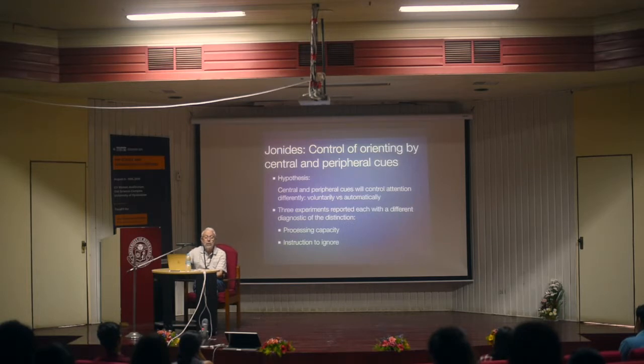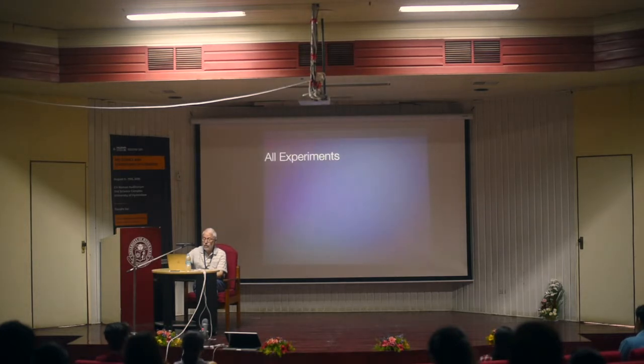The notion, of course, being that if they couldn't ignore it, it was automatic. And then he manipulated the probability of the different types of cues. And the notion here was, if it's completely reflexive, the probability of the cue shouldn't matter, but if it's voluntary, it might matter. I'm going to review the methods of all of his experiments. They're similar. There's a similarity.